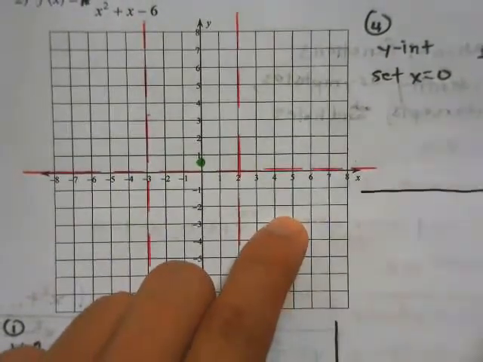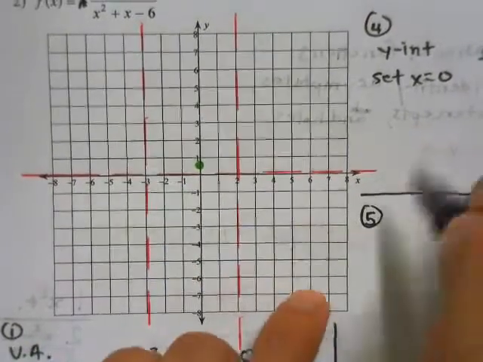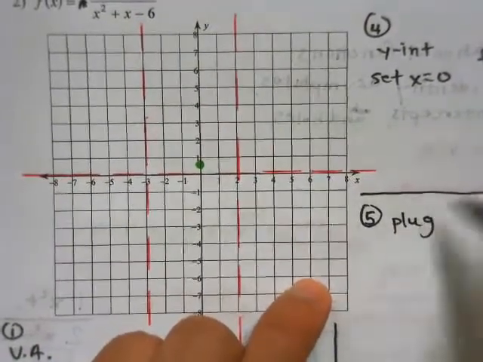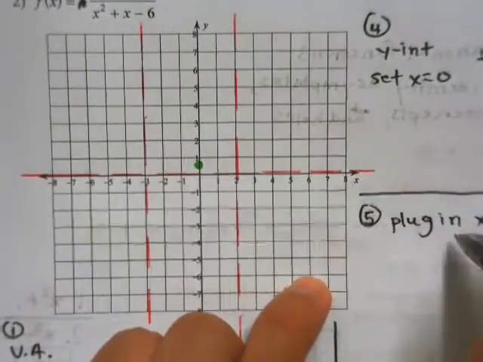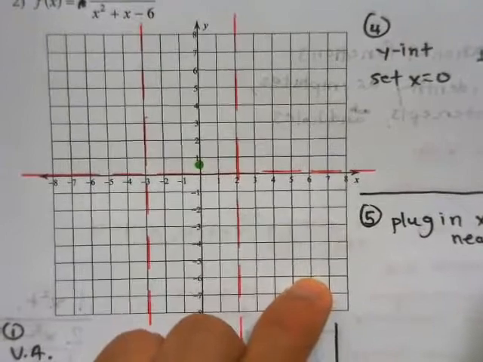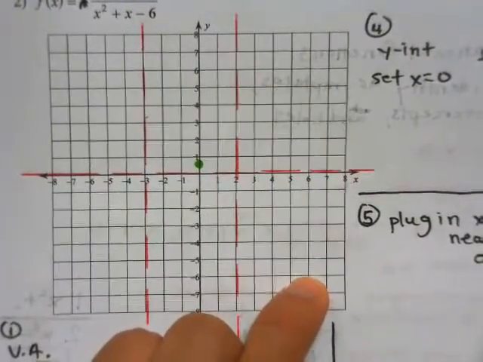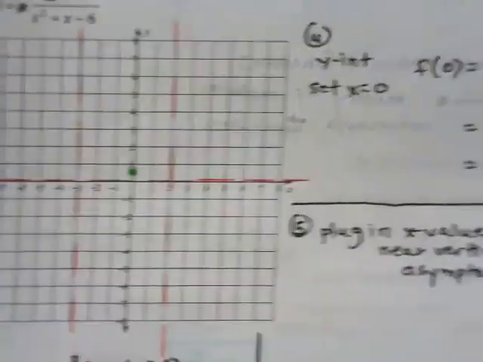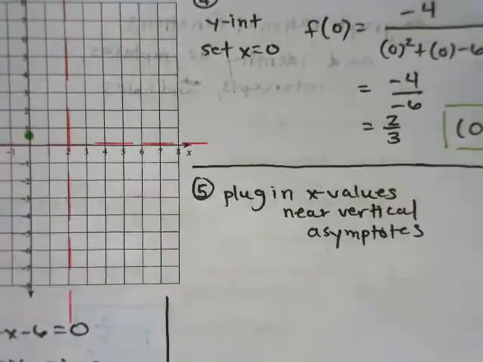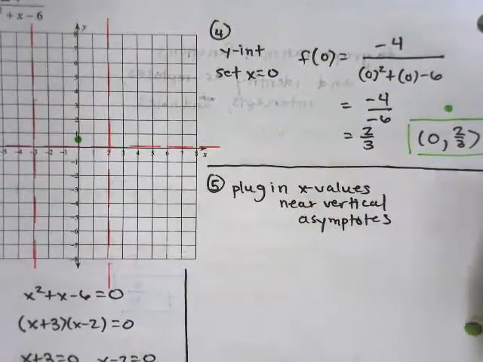All right, and then to fill in where you would see other places of the graph, plug in x values near the vertical asymptotes. So I've given you a general pattern.